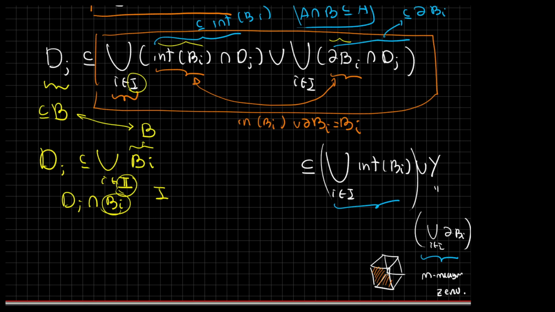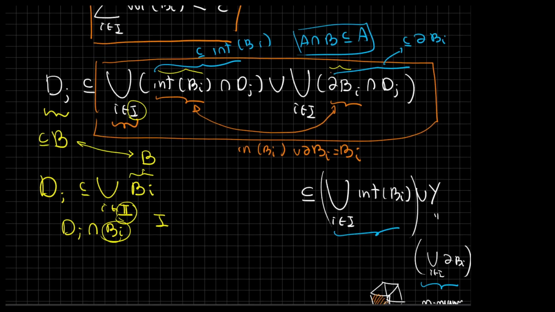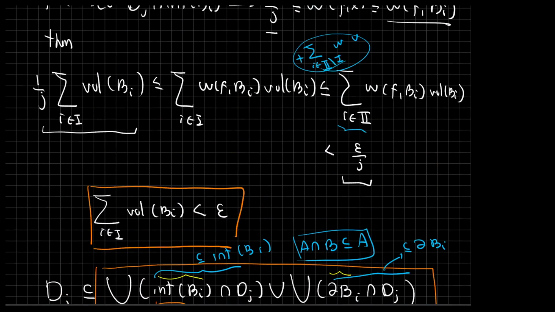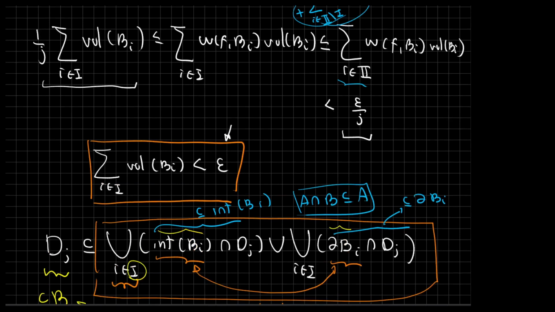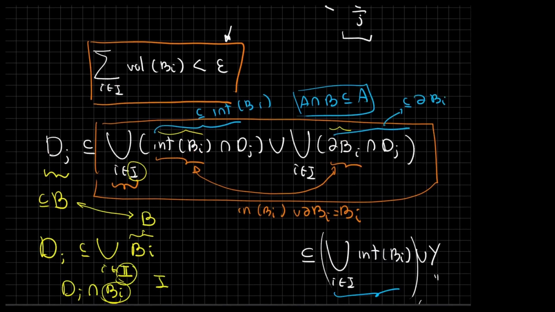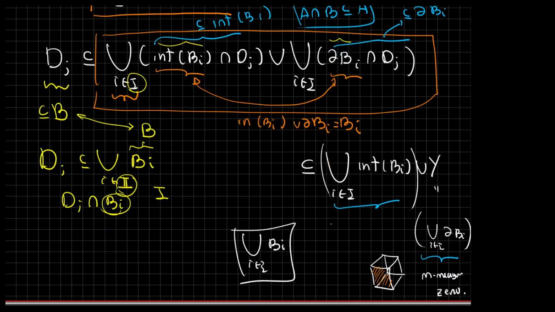And then this union of interiors also has n measure 0, because this set is covered by the union of the blocks like this, and the sum of the volumes of these blocks is less than epsilon for any epsilon, so this also has n measure 0.